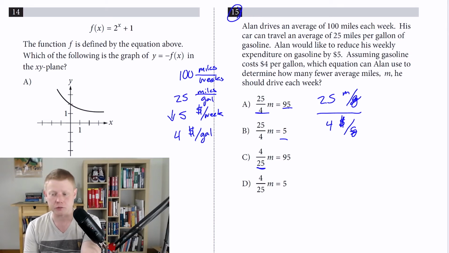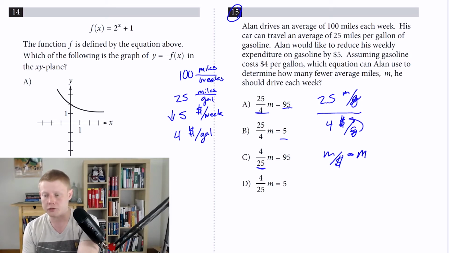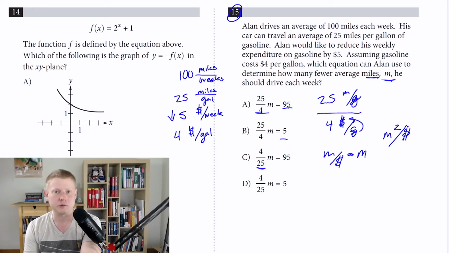So I'd have miles over dollars, and on the surface that doesn't seem terrible, but then I multiply it by M, which is in miles, and I'm going to end up with M squared divided by dollars for my unit. That doesn't make a lot of sense. So I'm going to get rid of A and B.